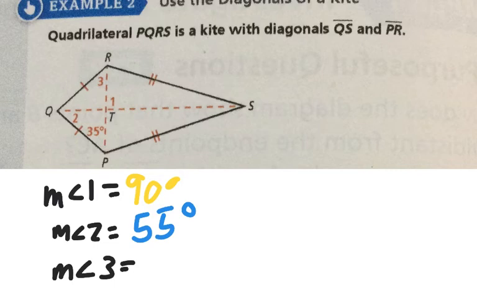I have two sides that are congruent to make an isosceles triangle. I know isosceles triangles have congruent base angles, which means angle 3 and 35 degrees have to be congruent. Therefore, this missing angle 3 is 35 degrees.